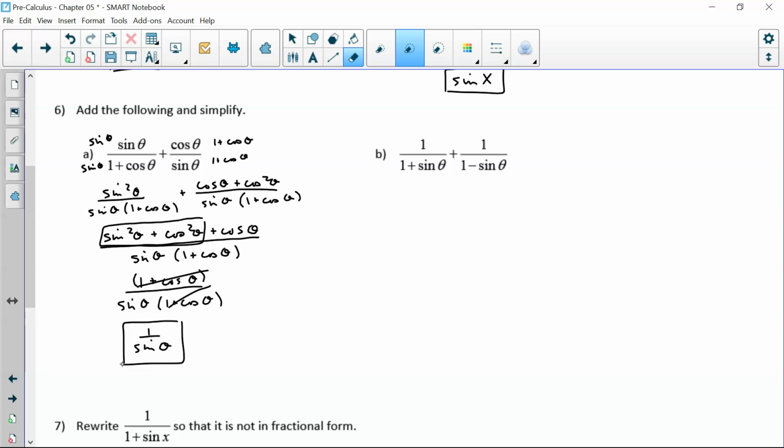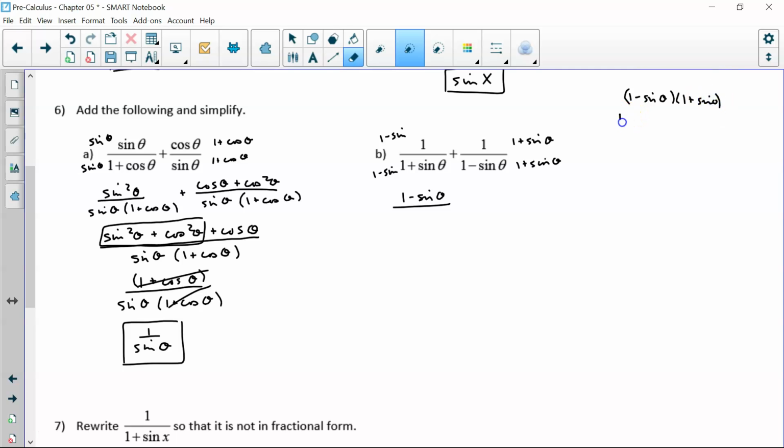B, to get that common denominator, multiply by 1 minus sine theta for the first fraction, and 1 plus sine theta for the second. Now I'm going to multiply these out. So I have 1 minus sine theta. And now when I multiply 1 minus sine theta times 1 plus sine theta, they're conjugates.